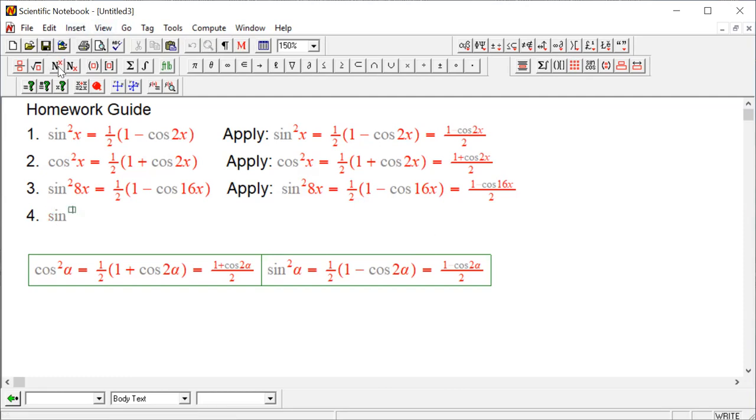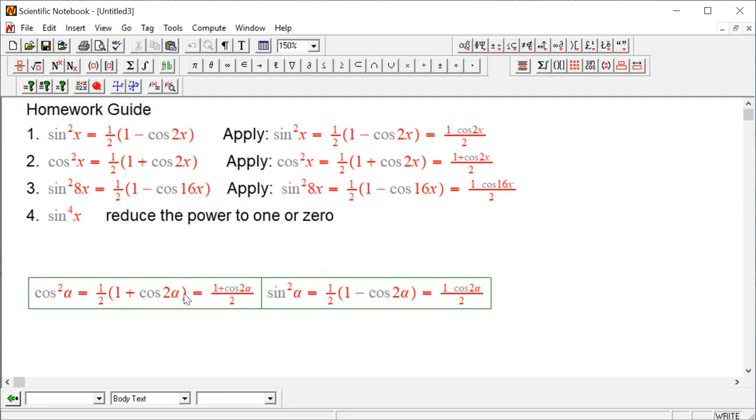So this time it is sine to the power 4 of x, instead of 2, we have power 4. And we want to reduce the power to 1 or 0. We wouldn't want to have less than 0, right?